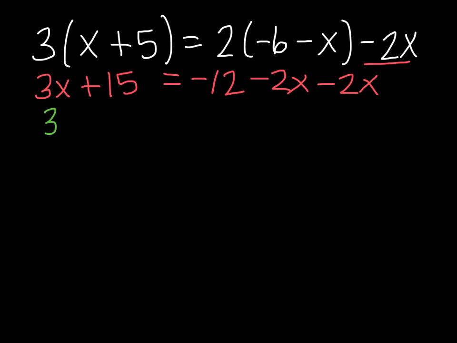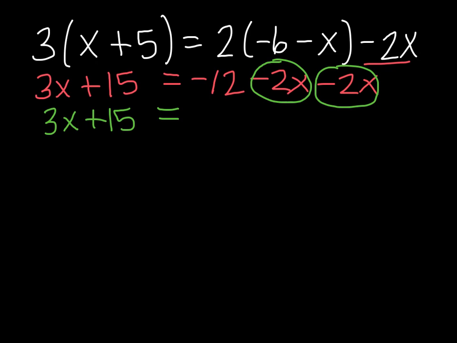On the left, I just have 3 x's and 15 positives, so nothing else to do on the left. On the right, I need to combine some like terms, my negative 2x and my negative 2x. So I still have negative 12, and then I have negative 2x, and more negative 2x's make negative 4x's.